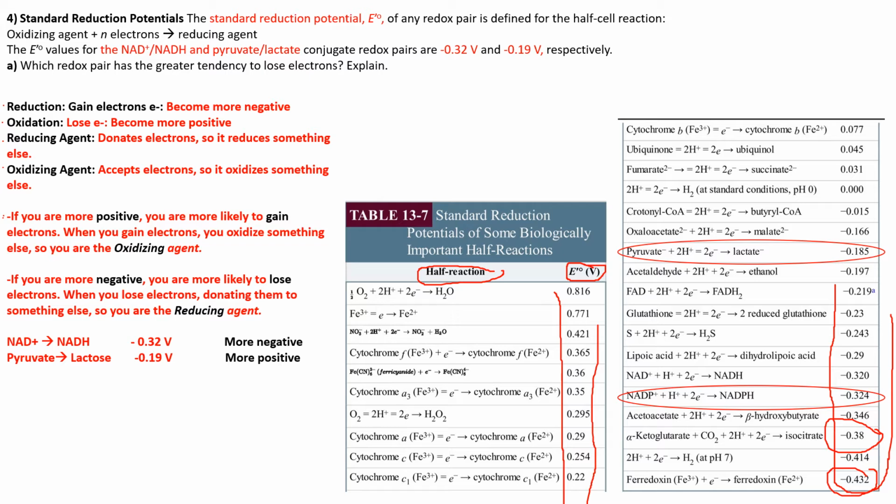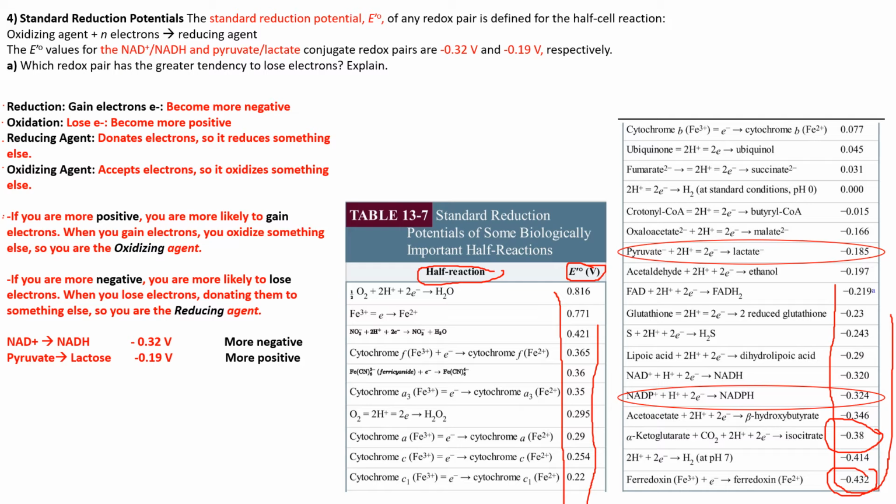So here in this problem, let's go ahead and read the question. Standard reduction potentials. The standard reduction potential of any redox pair is defined for the half-cell reaction: oxidizing agent plus n electrons goes to reducing agent.